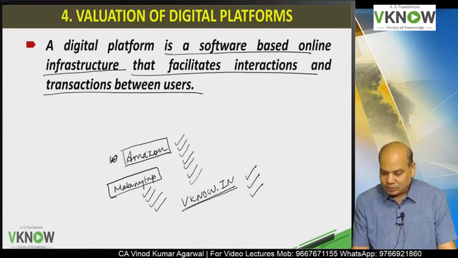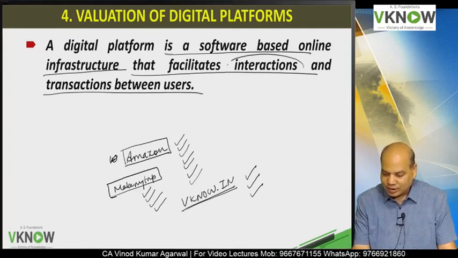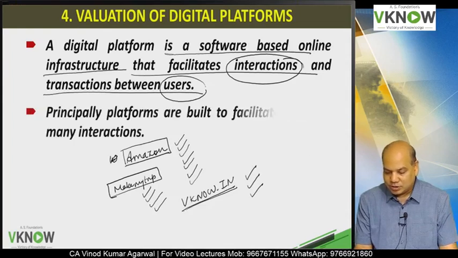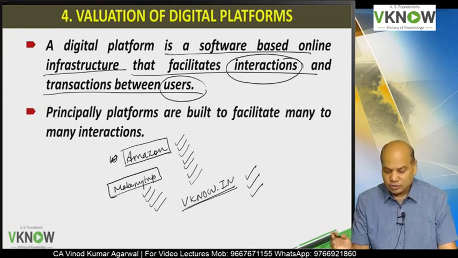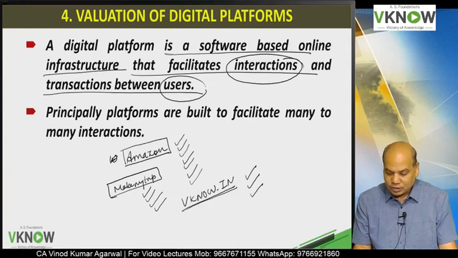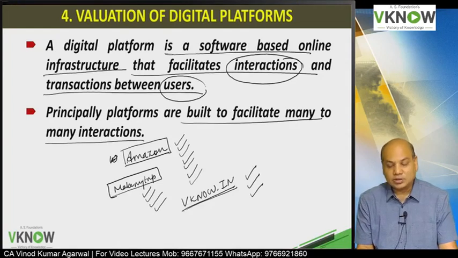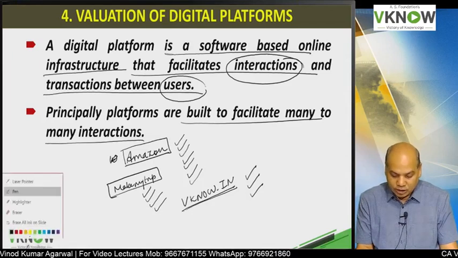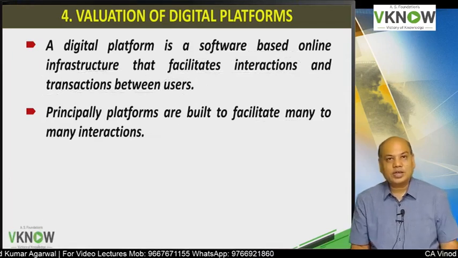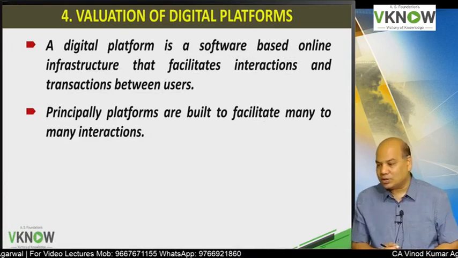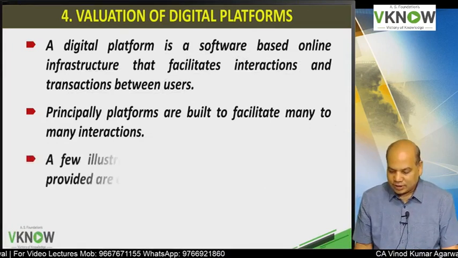So these are digital platforms where you can interact with the website and even do transactions. There are different types with different objectives. The principal platforms are built to facilitate many to many interactions also.